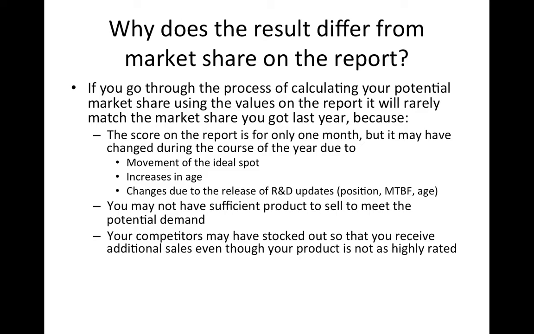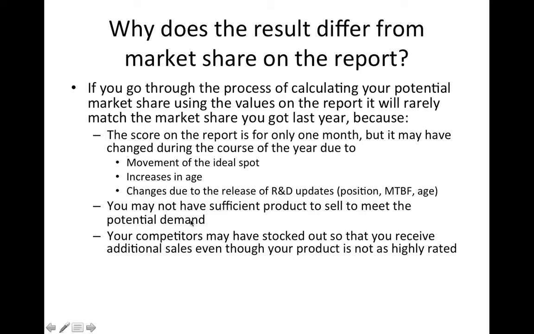In addition to that, your market share reflects how much you actually sold, whereas the calculation that I'm talking about using the customer survey score calculates what your potential market sales are.